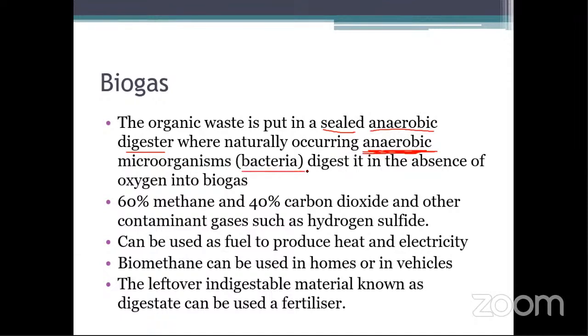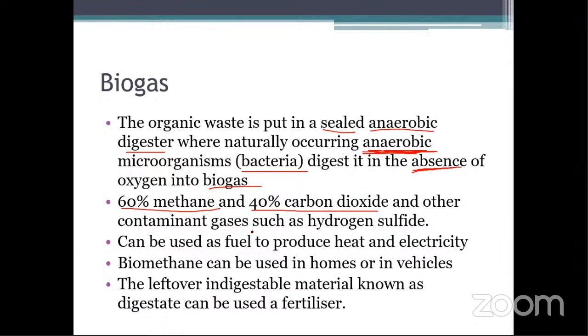So you have these anaerobic bacteria inside the organic waste material, and they digest the organic material in the absence of oxygen. So you have to have it in a sealed container, and then they produce biogas. What do they produce? This bacteria actually produces 60% methane and 40% carbon dioxide.